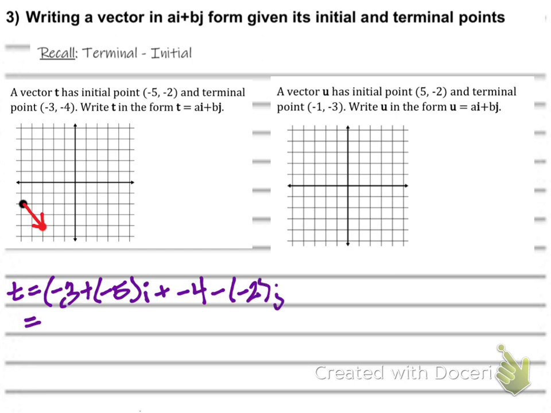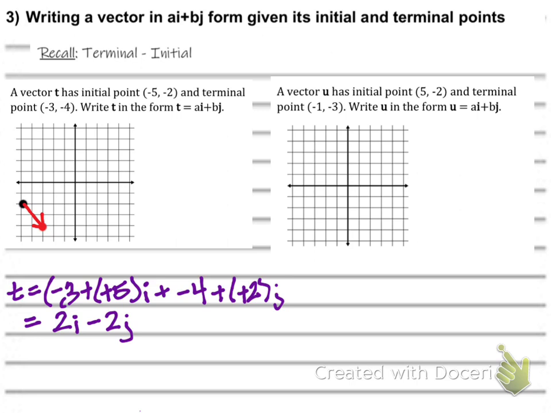So let's see, we're going to have a positive 2i minus 2j, which we can see from our little sketch, right? We can see in that sketch that we go 2 units to the right and 2 units down.